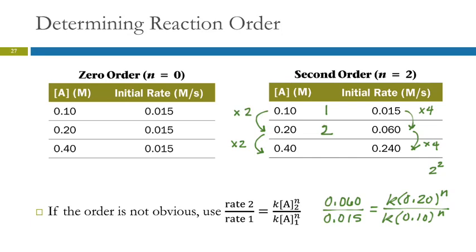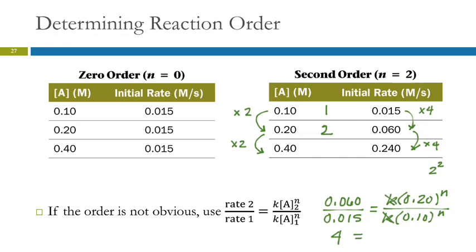We don't know what the rate constant is. We don't know what the order of the reaction is. What happens to the rate constant? It cancels out. Nice. Well, we know that 0.06 divided by 0.015, we did the math for that before, equals 4.